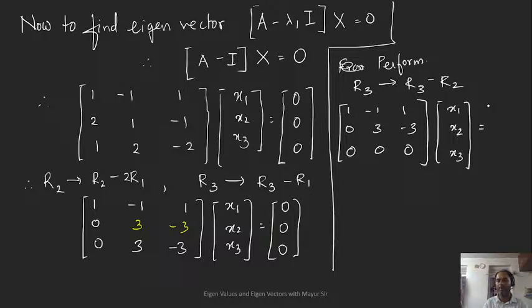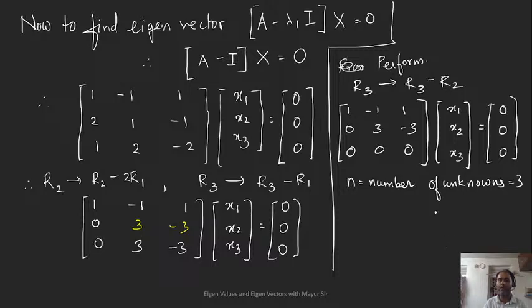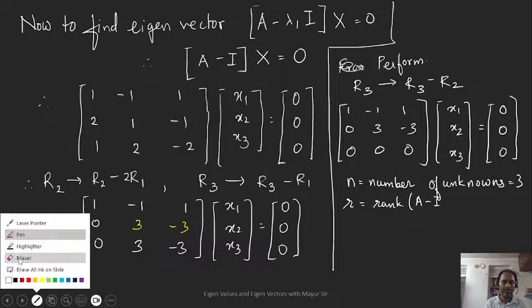Now we have here 0, 0 and 0, so here we see that n, which is the number of unknowns, is equal to 3, and rank r, which is the rank of A minus I. I'll just erase this a bit.